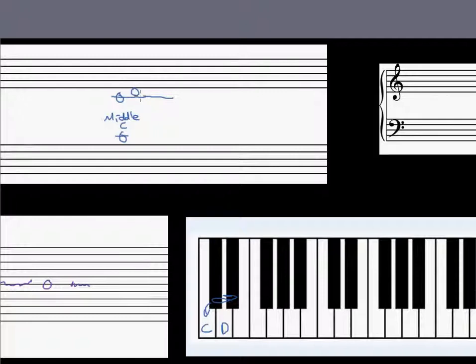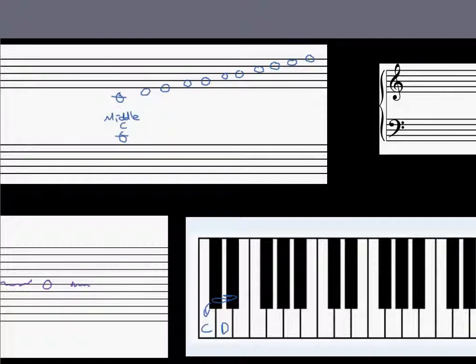We learned in the last video that a note can be on a space or on a line. So if I go line, space, line, space, all the way up, let's be very accurate in how we draw this. Let's stop there.